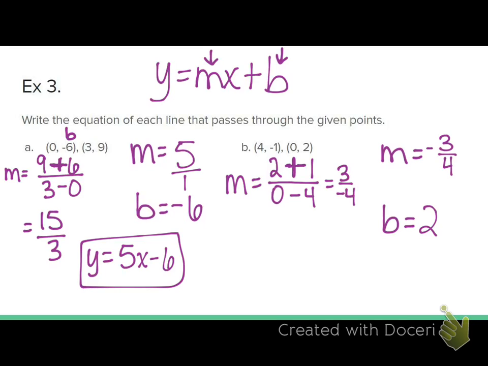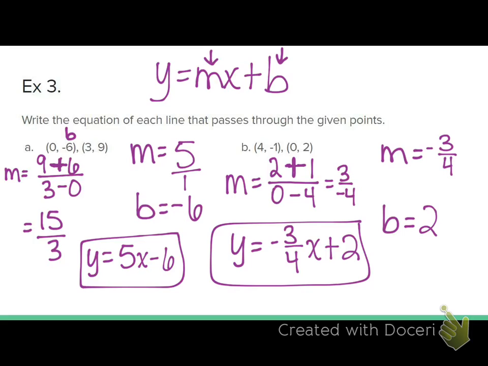You can put the negative out in front, up on top. Technically, it's okay if it's in the bottom. That's just the least common way. Good. Y equals negative 3/4 x plus 2 is what we get when we plug our m and b in to write the equation.